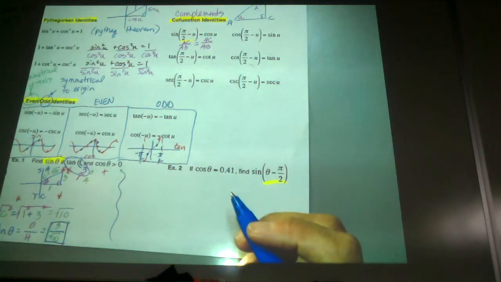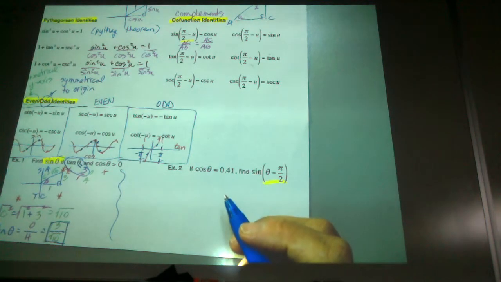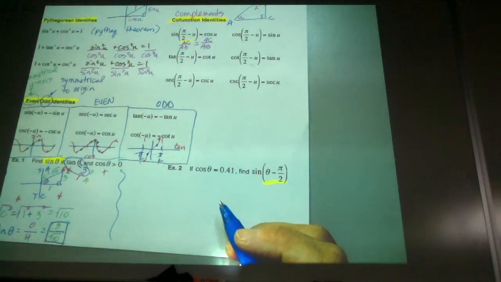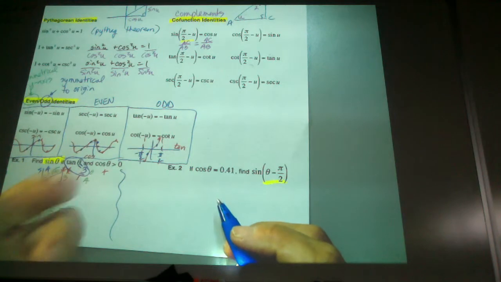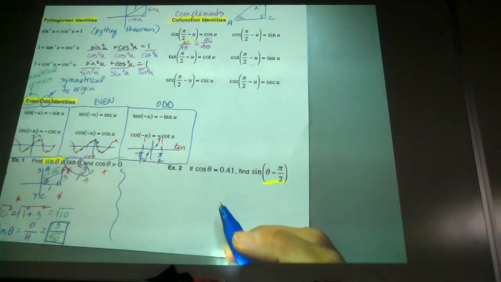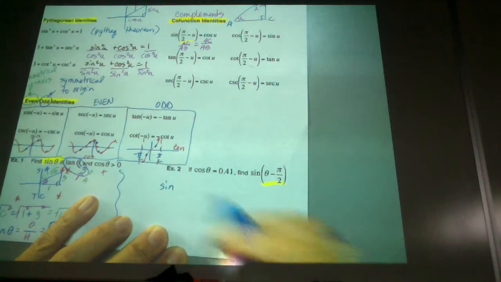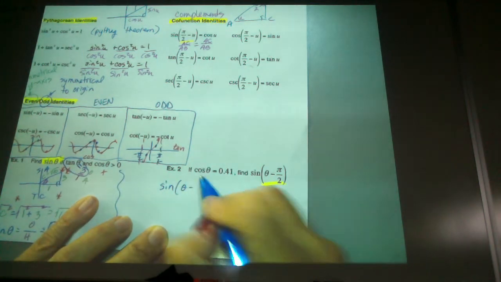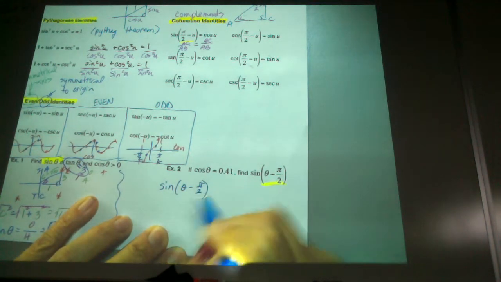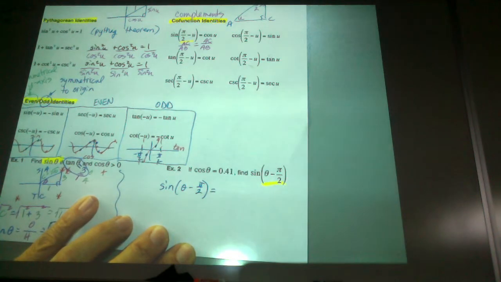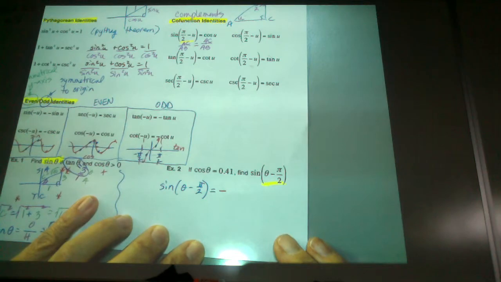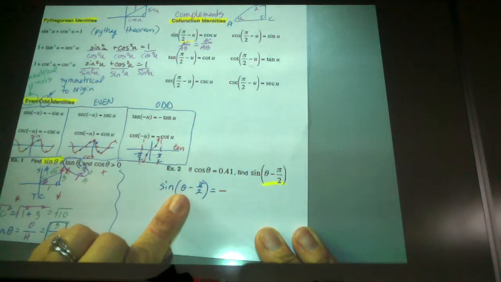So we're dividing. Rather than multiply by -1, and dividing means I'm fractioning it up. So the sine of theta minus pi over 2 is actually equal to, we're going to factor out a negative, because the factor out of the negative is going to change that theta to a negative.